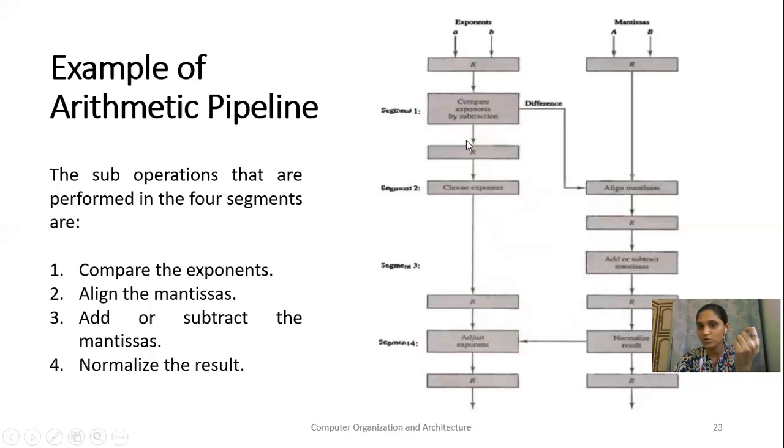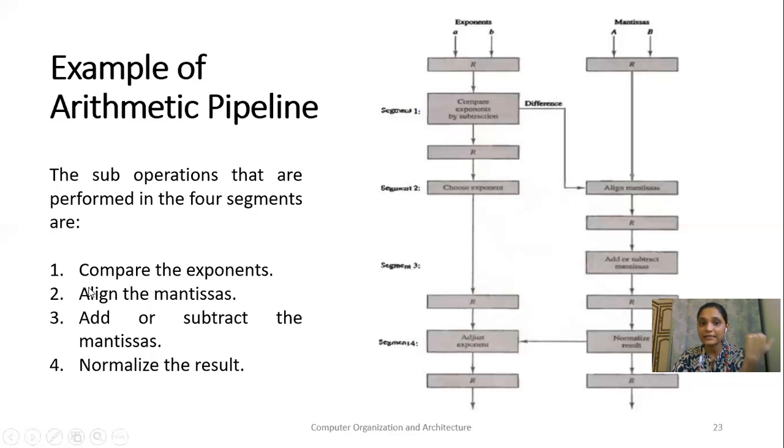And we have already chosen one exponent term, and that is going to be stored here in register R. So in the first stage we have compared the exponents, and according to that we have decided which exponent we are going to use. And in the second segment we have aligned the Mantissa term.